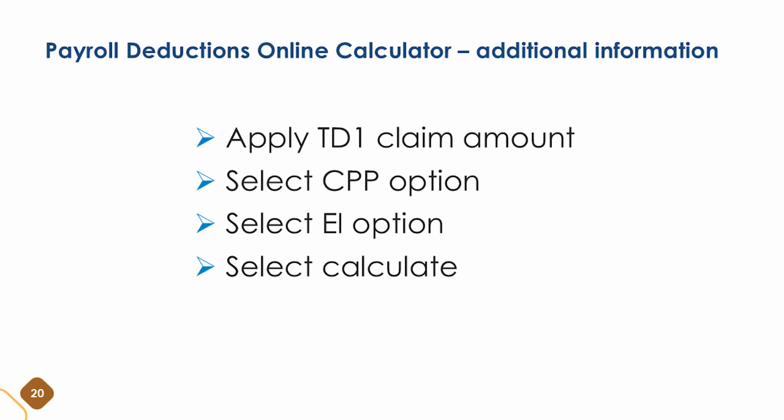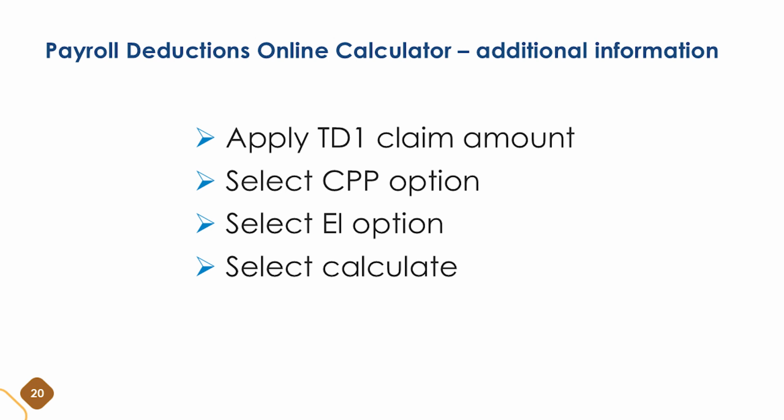CPP, QPP exempt, year-to-date amount from your records. For EI, select only one of the following options: EI maximum annual premium has been reached, EI exempt, year-to-date amount.